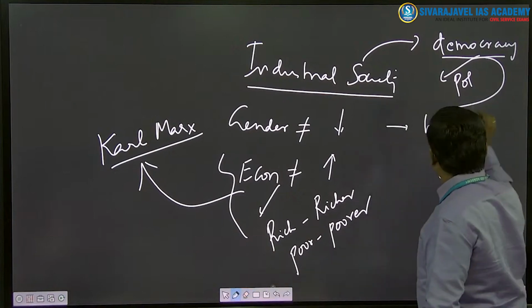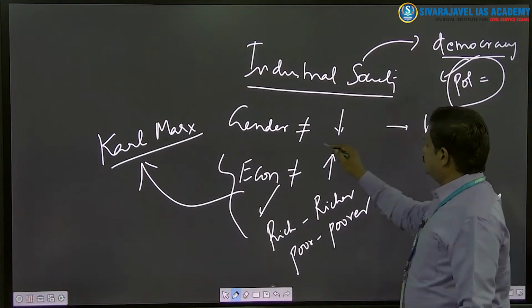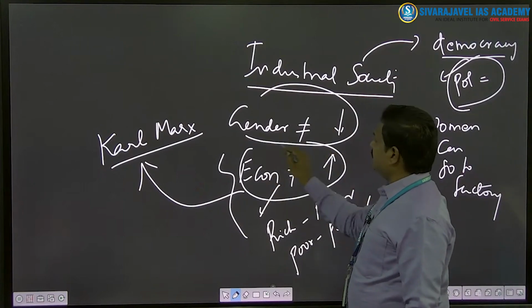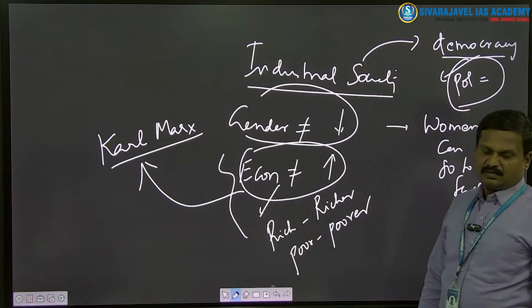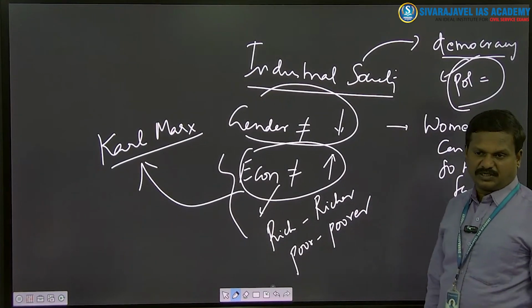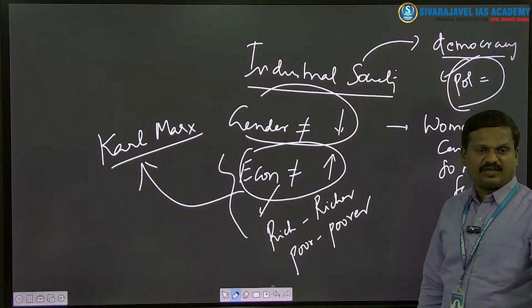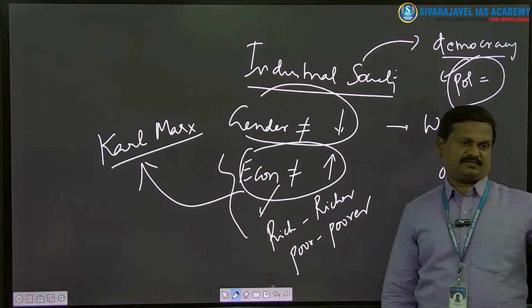All can vote in the election. Political equality will be there. Gender inequality will come down, but economic inequality will increase. So this is a very complex society. Why? One form of inequality is increasing, the other form of inequality is reducing. So it is a very complex society.